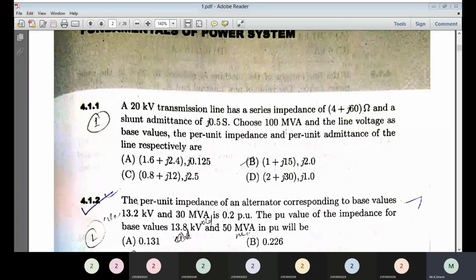That is the formula we use in classroom solutions, and we are going to solve using it. Remember KVB is 20, Z is 4 plus j60, Y is j0.5, MVAB is 100. These are all the information we have, to find the per unit impedance as well as the per unit admittance.